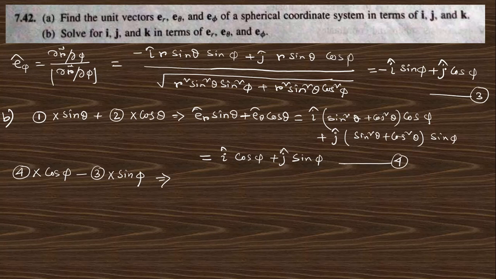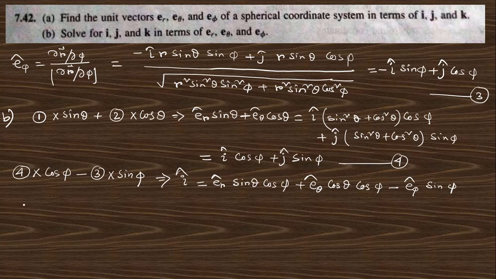So multiply with this cos and with this sin, so the j cap will be eliminated, and you will get I cap as E r cap sin theta cos phi plus E theta cap cos theta cos phi minus E phi cap sin phi, right?